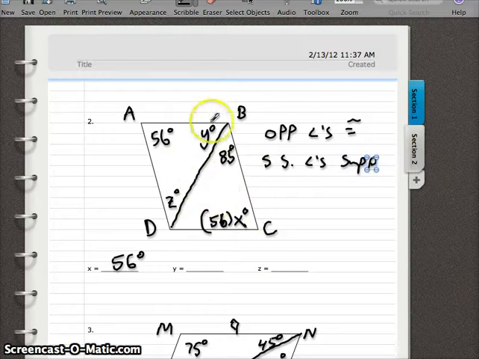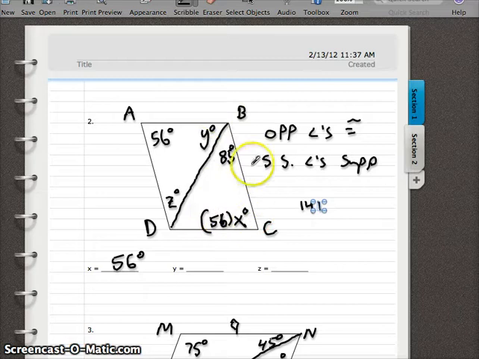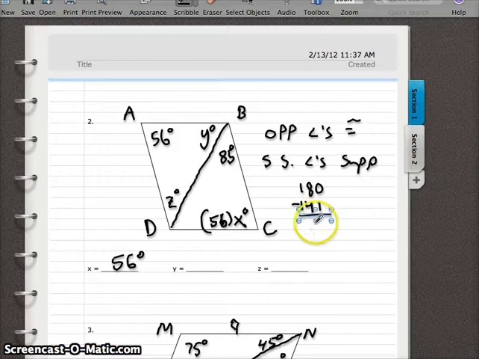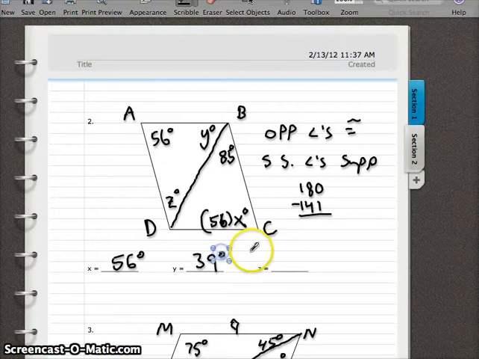So this entire side right here, we know 56 down here. We know 85 is part of this angle, so 85 plus 56 gives us 141. And so how much more are we missing in order to get up to 180 degrees on this right side here? Well, you could subtract what you know from 180, or you could say, what do I have to add to 141 to get 180? Either way, y is 39 degrees.